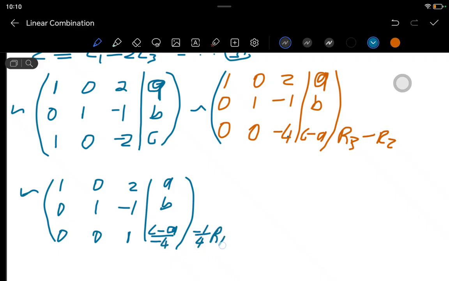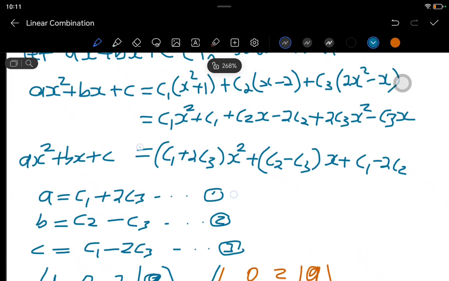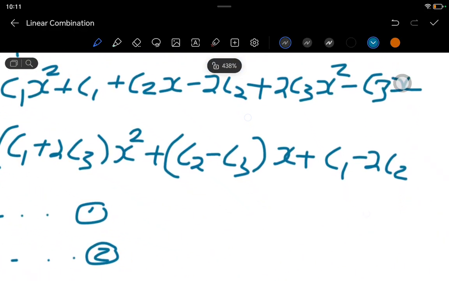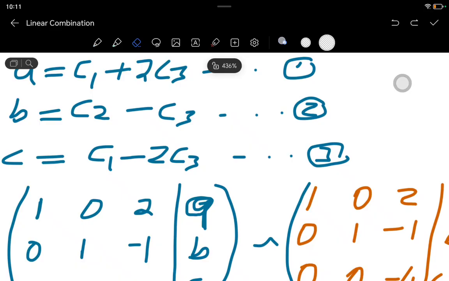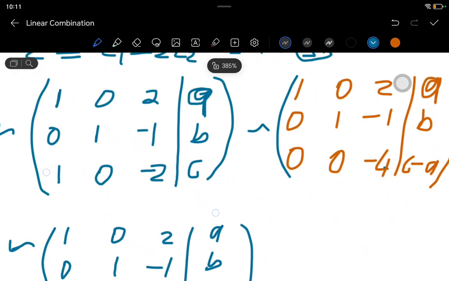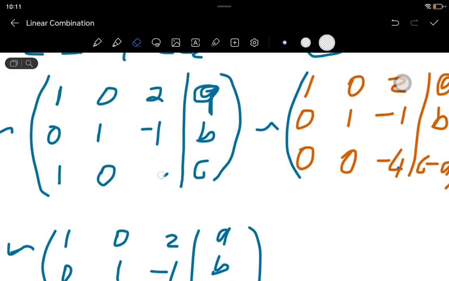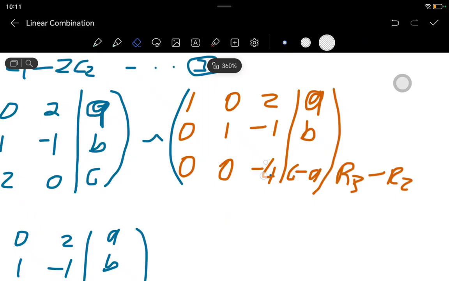Then I multiply this row by negative 1 over 4. I'm sure you see this. Now, since we have this, let me see something here. The last one is C1 minus 2C2. This one I mistakenly wrote a mistake here, because I can see that we did these things last, but then I could see the problem. Let me see here.